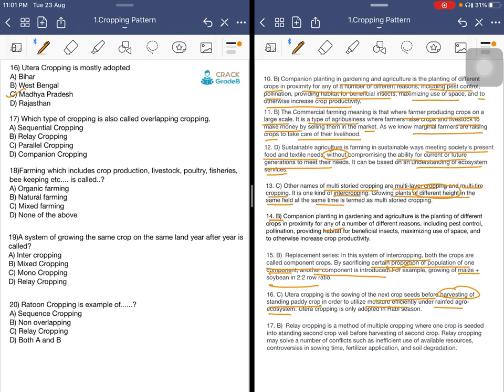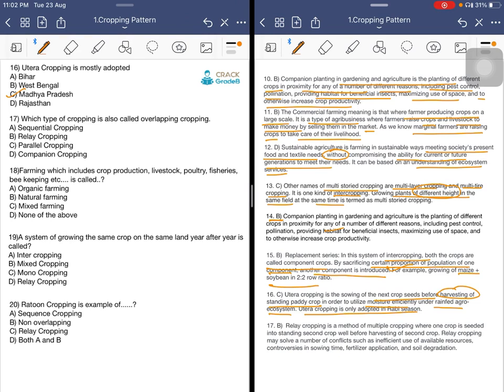Therefore, Utera cropping is only adopted in the Rabi season. Nothing but we have to sow the plants before the harvesting of the previous paddy crop, for maximum utilization of time and moisture efficiency.